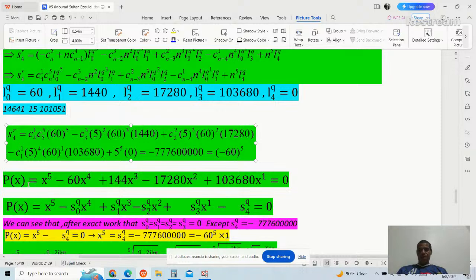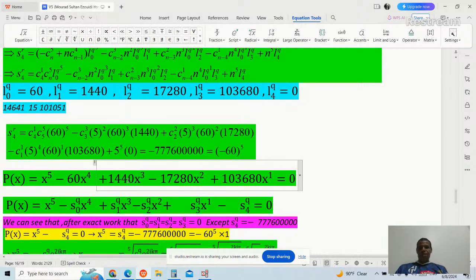So p of x equal x to the power 5 minus 60x^4 plus, this is of course 1,440 minus 17,280 plus 103,680x plus 0. I'll just write here plus 0 because I extended the original polynomial to the power 4 to a new polynomial to the power 5 to see the relationship between these two polynomials.